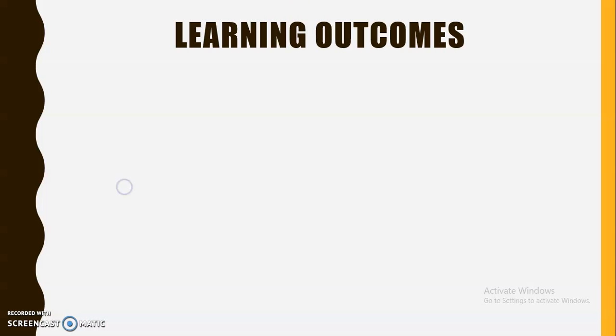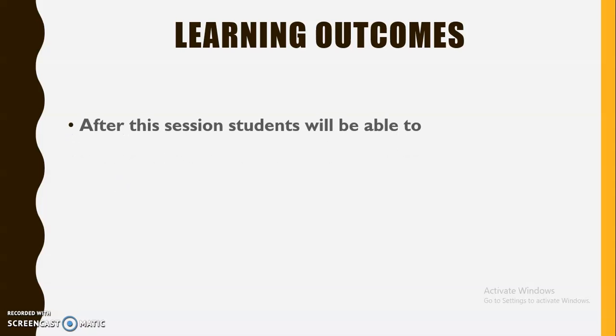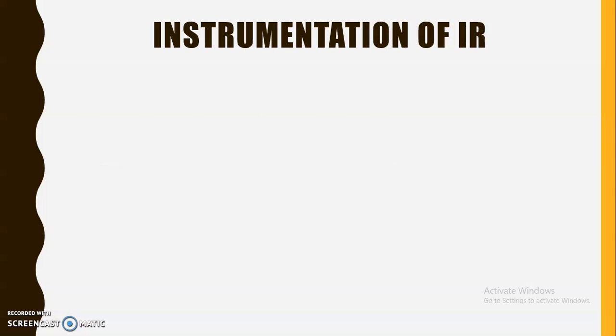Before starting with today's session, first we will see what the learning outcomes of this session are. After this session, students will be able to explain the instrumentation of IR spectroscopy. Basically, when we study the instrumentation of infrared spectroscopy, there are majorly four components involved.